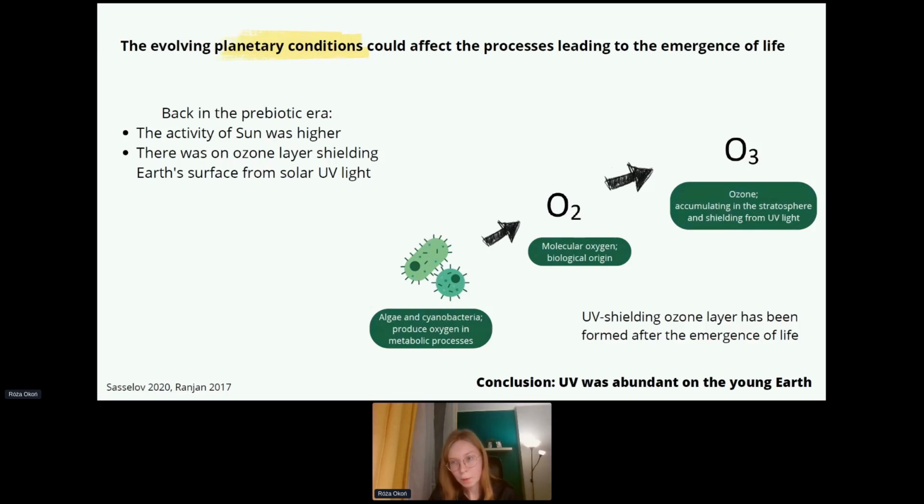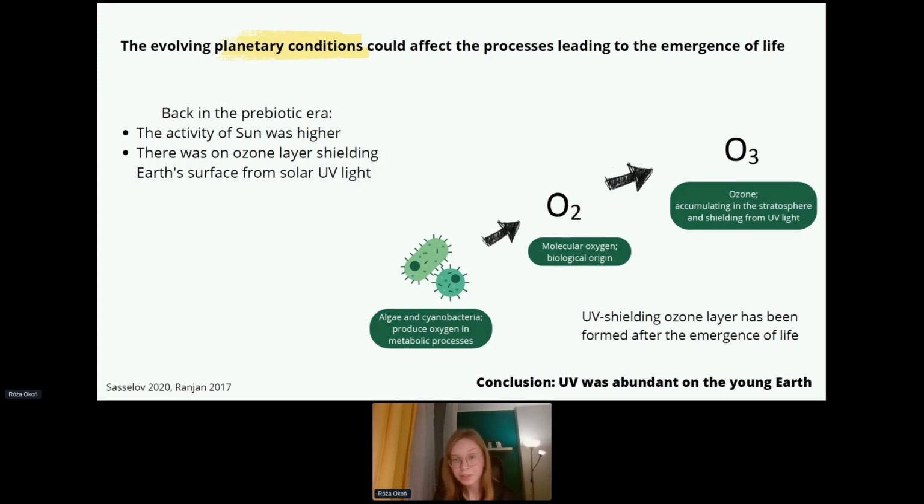But what is important to have in mind when we are considering prebiotic chemistry and conditions on the young Earth is that to form ozone molecules, we do need molecular oxygen, O2, which is composed of two atoms of oxygen. And today, again, it is very common in the atmosphere.